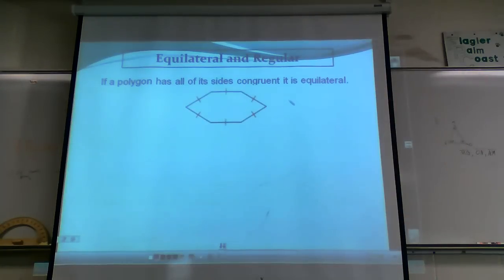Is it concave or convex? Convex, because there's nothing caved in. So this is a convex hexagon. And according to the way I have it marked, all the sides are marked congruent. So I can say this is a convex equilateral hexagon.